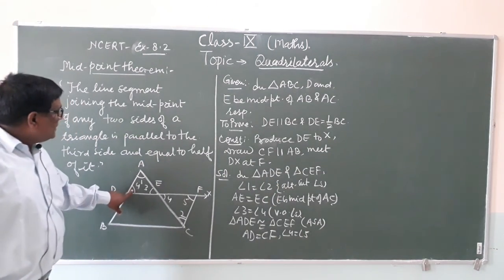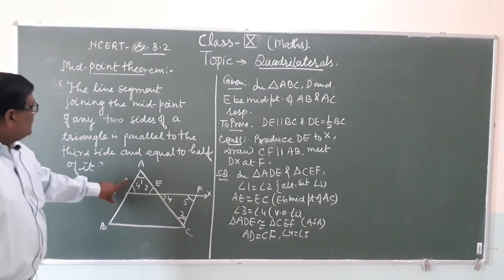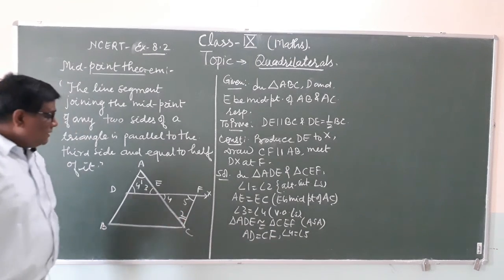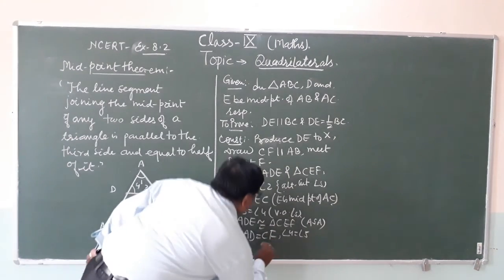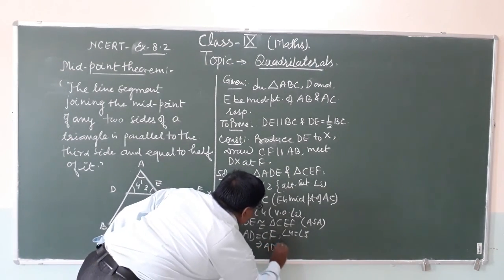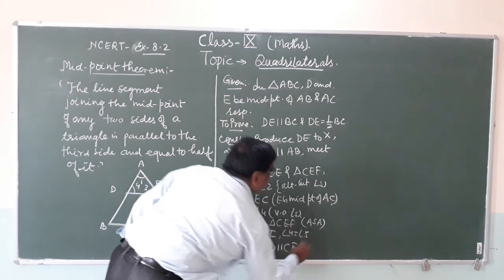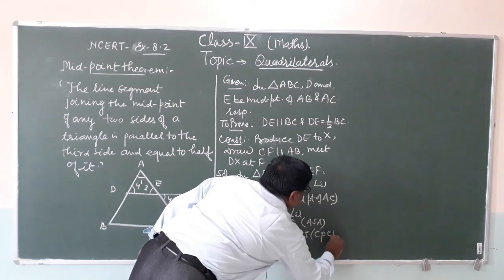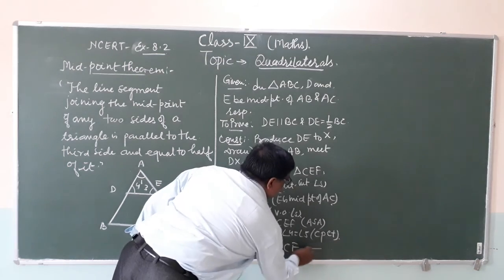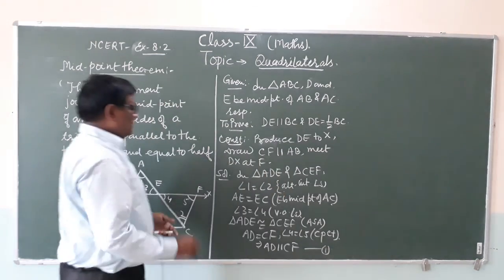So if angle 4 is equal to angle 5 and AD is equal to CF, this implies that AD is parallel to CF, by CPCT. Take this as equation 1.